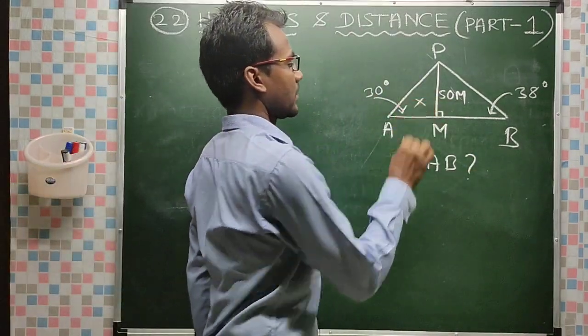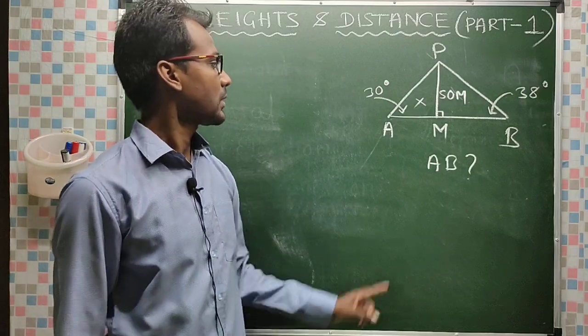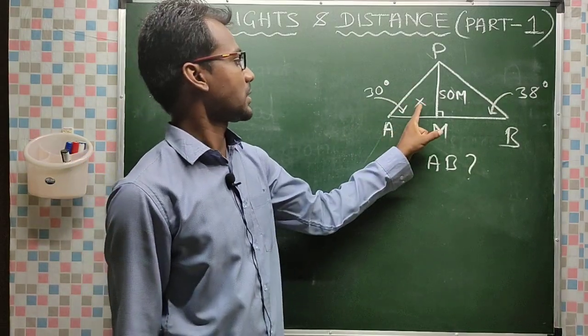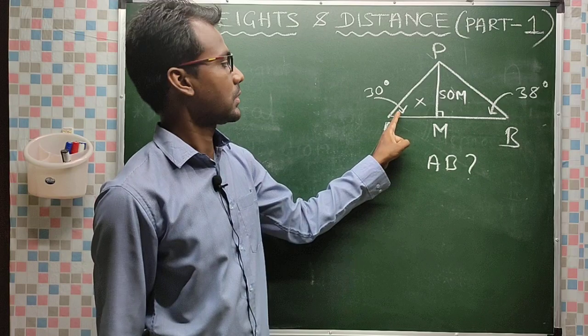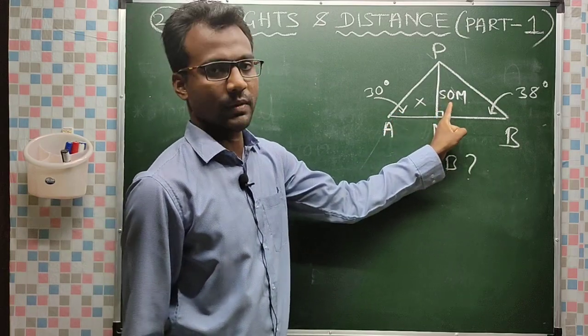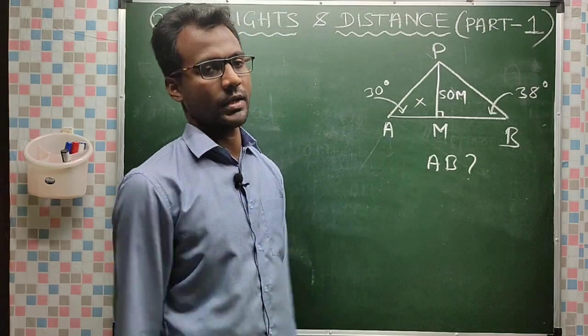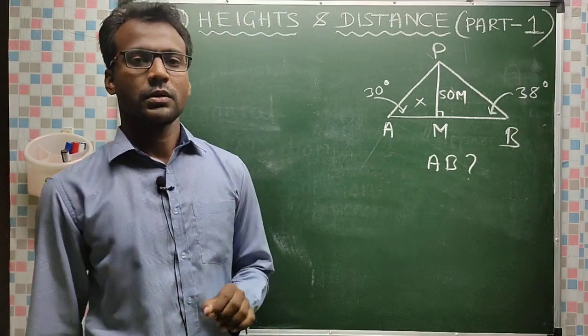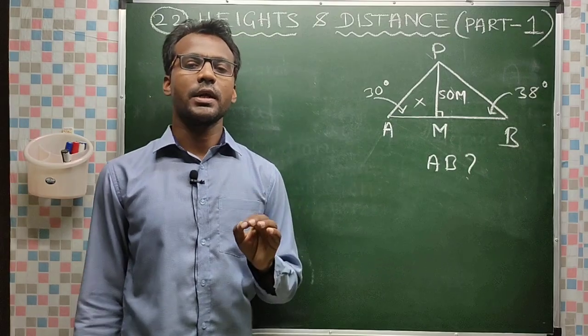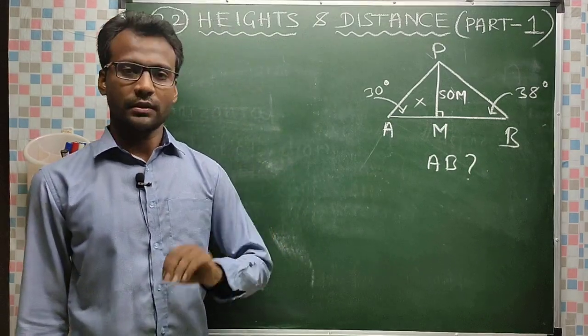So go for this triangle. Now look at this triangle. In this triangle, one angle is given. For this angle, the perpendicular is given. 50 meters is the perpendicular, and AM you have to find, which means you have to find the base. Perpendicular and base. So which trigonometry ratio is related to perpendicular and base? Tan theta.